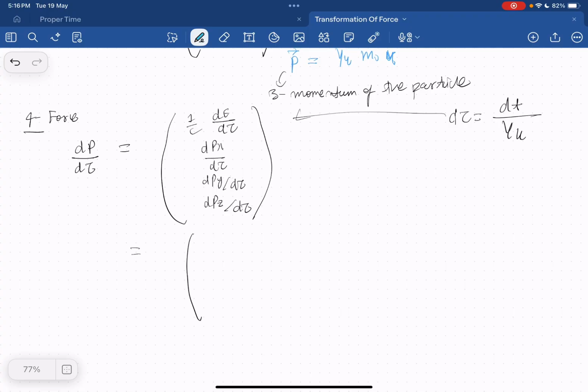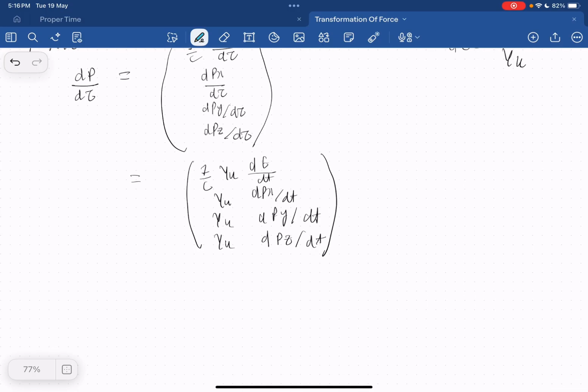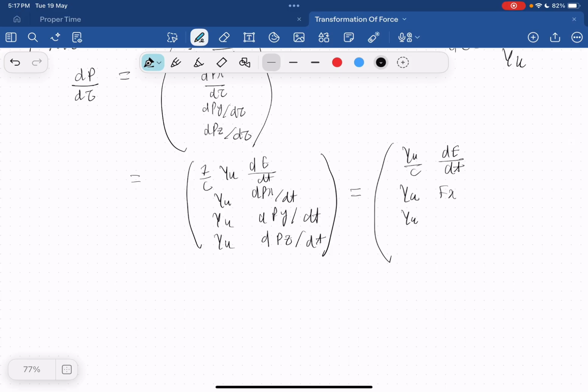this to be equal to 1 by c gamma u dE by dt, gamma u dpx by dt, gamma u dpy by dt, gamma u dpz by dt, and this we can write as gamma u by c dE by dt, and gamma u times fx, fy, fz, so you can write as gamma u fx, gamma u fy, gamma u fz.